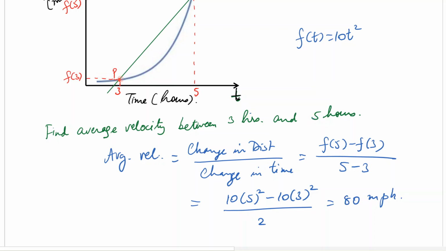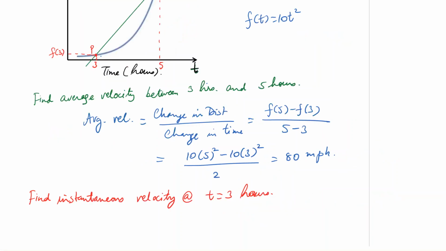What if we want to find the instantaneous velocity when t is equal to 3 hours? Instantaneous velocity means velocity at any instant. So far, we do not have any sophisticated tools to find the velocity at any instant.